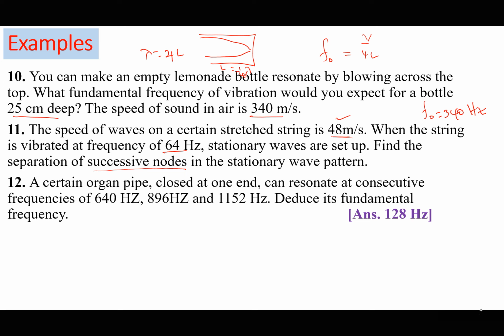So all we need to find is the wavelength. So the wavelength is going to be equal to V over frequency, which will be equal to 48 divided by 64. So this is the wavelength in meters.